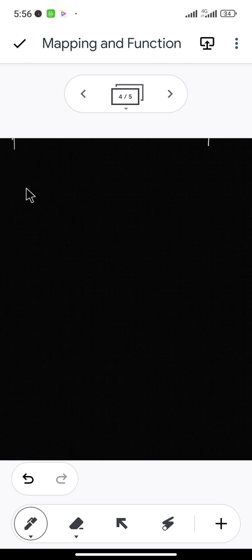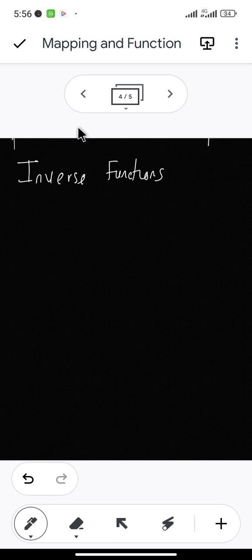Now we're going to talk about inverse functions. Inverse functions exist for one-to-one mapping.